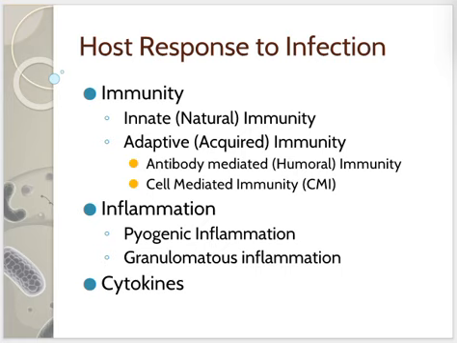Inflammation is another key response, with pyogenic inflammation producing pus and granulomatous inflammation forming granulomas. Cytokines act as signaling molecules coordinating these defenses. Understanding these responses reveals how our body fights infections and why sometimes inflammation can cause damage.